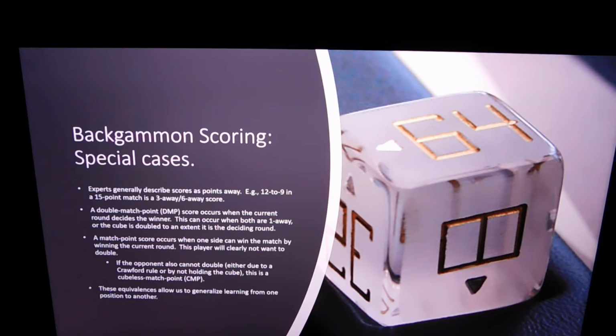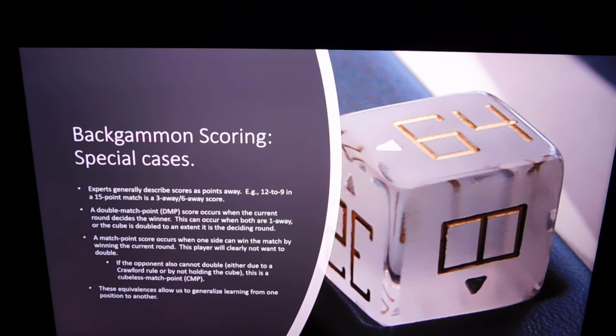The player who is at the match point is clearly not going to double because it would only give his opponent a benefit, right? And the opponent can't double. We call that a cubeless match point, right? It's a match point for one player. For the other who can't double, it's not, and the doubling cube is not going to come into play for the rest of the game, right?